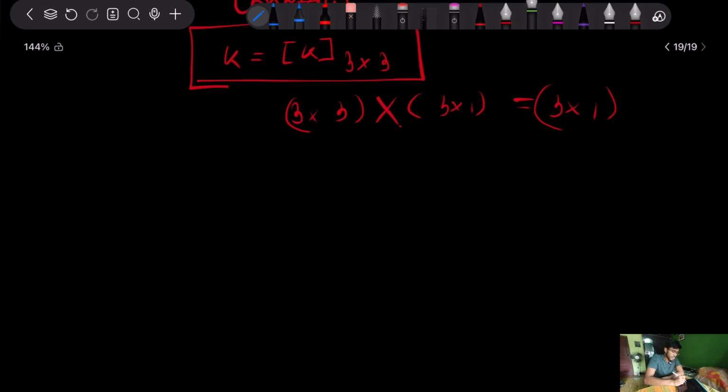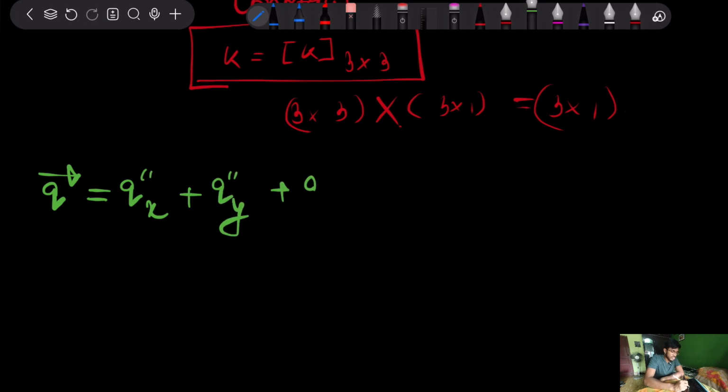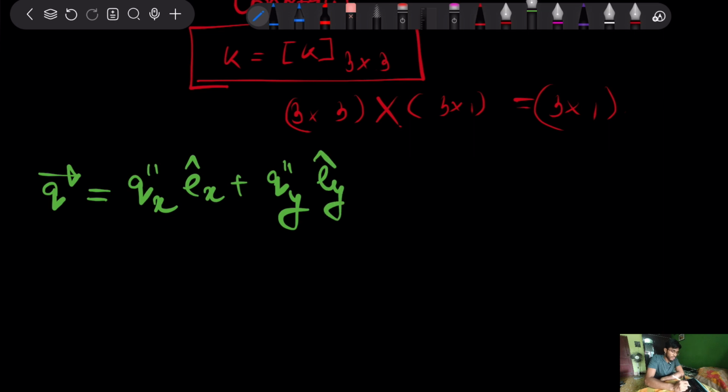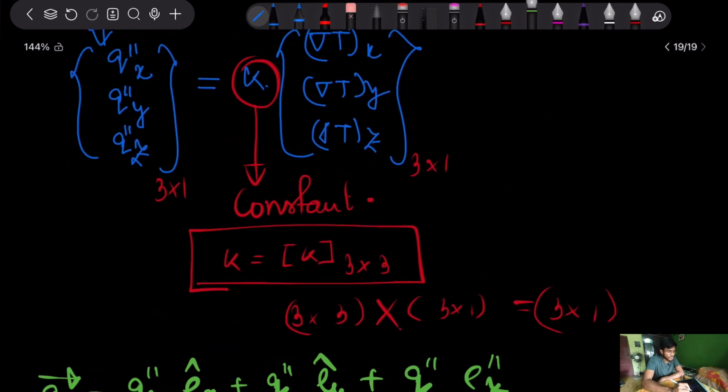So first of all, my heat flux vector is this. Let me write it like this: Qx double bar, Ex cap, Ey cap, and this is Ez cap.